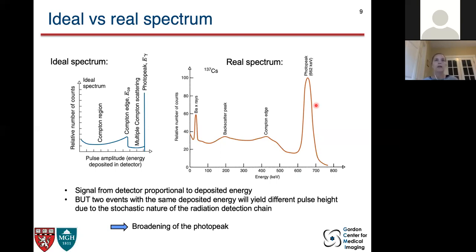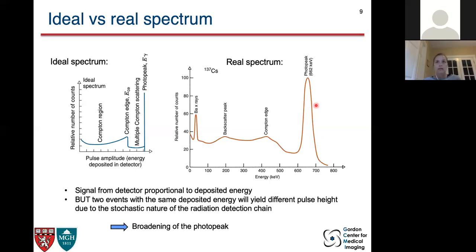And there can be non-uniform sensitivity across the photodetector area, and also non-uniform light collection efficiency across the detector volume, meaning that a different number of optical photons will reach the photodetector depending on where in the detector volume the interaction happened. That is also going to cause differences in the amplitude of the final signal.